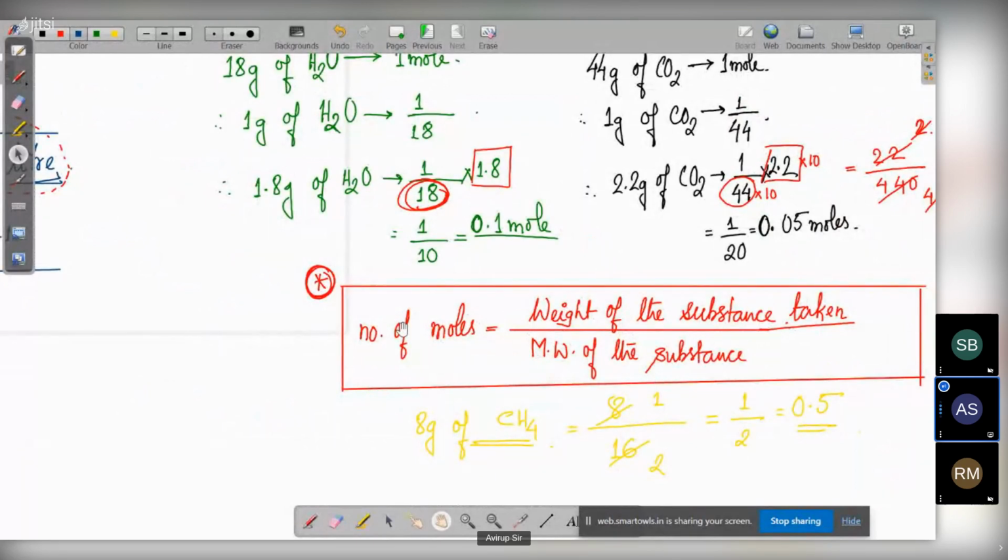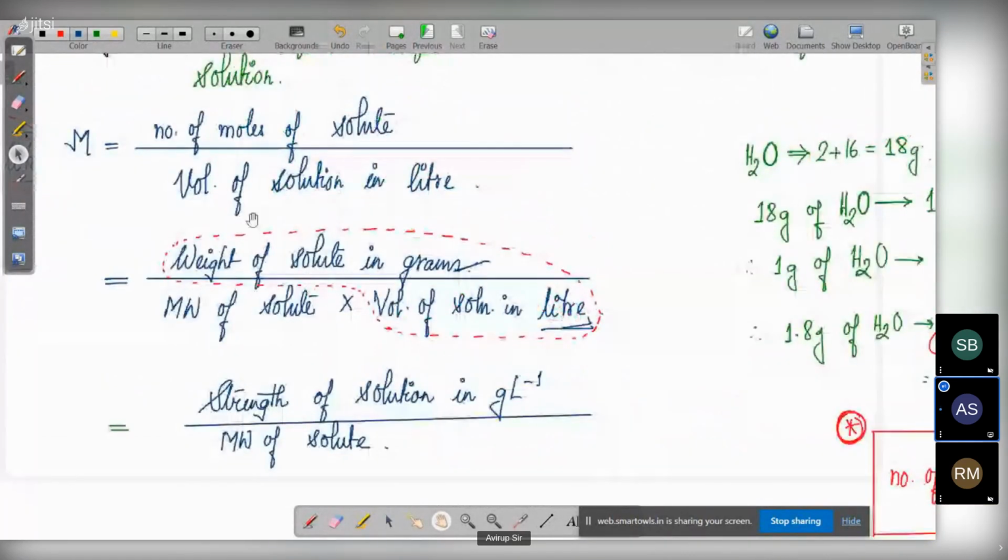So instead of writing number of moles, we are putting this over there. Weight of the solute in grams divided by molecular weight of solute together make up the number of moles. And volume of solution in liter was there previously, so that is why it remains.